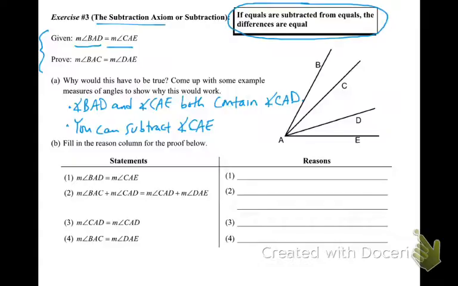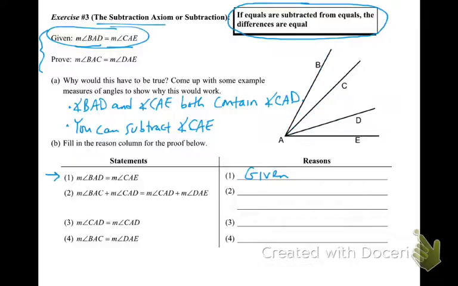So let's look at the formal proof for this. For line 1, we are given that BAD and CAE are equal. You may notice typically the first line is a given statement. So that's what we're given, that the measures of angle BAD and CAE are equal. Now let's look at the next line, and see how it relates to the lines above it. BAC and CAD, well that's that first axiom again.